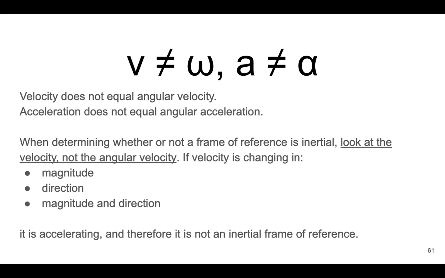If your velocity is changing, your regular old-fashioned v velocity, if it is changing either in its magnitude or its direction, or both its magnitude and direction, then you are accelerating, and therefore you are not inertial. Don't look at omega, don't look at alpha, look at v, because if v is changing, then you have acceleration and you are non-inertial. People like to mix this up too.